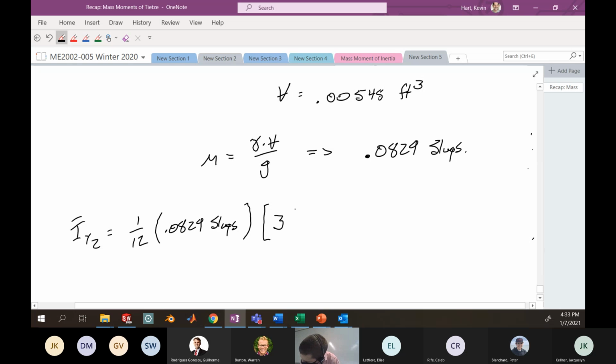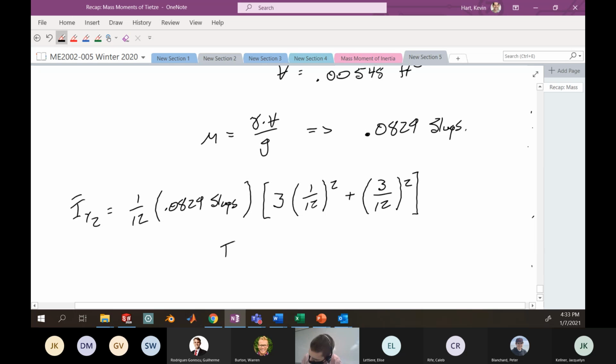So this is 3 times the radius, working in feet, 1/12 squared, plus the length squared, again working in feet. We get the centroidal mass moment of inertia of this particular object. It's going to be, again, a very fun value, 0.000576 slug feet squared. That is the centroidal mass moment of inertia of object number 2.